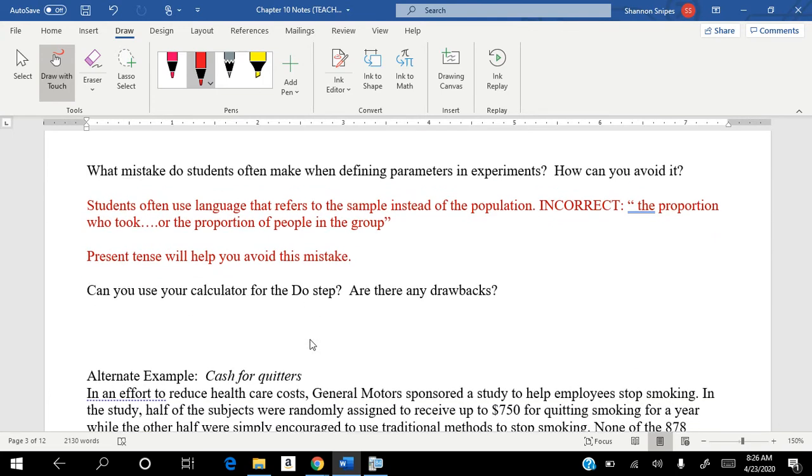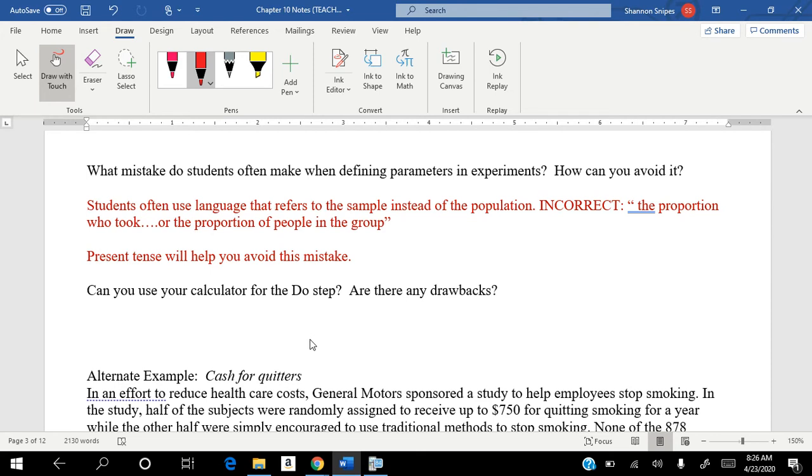When we're discussing an experiment, in the state step, when you have to define your parameters, students will often use language that refers to the sample data, the statistics, instead of the parameters from the population.